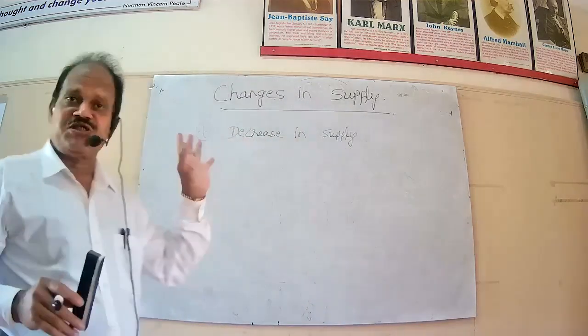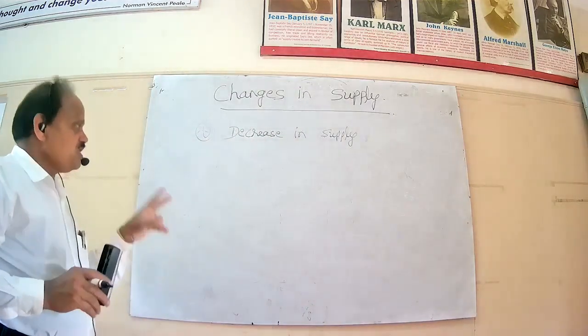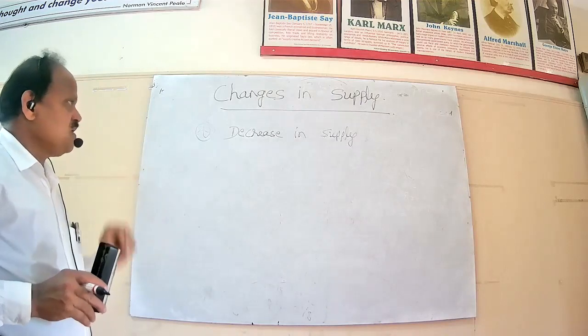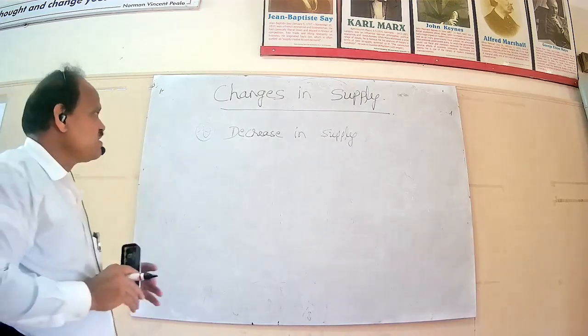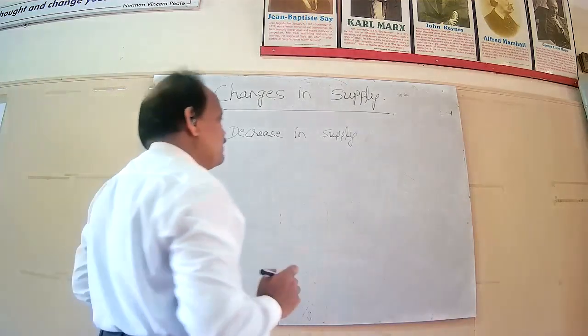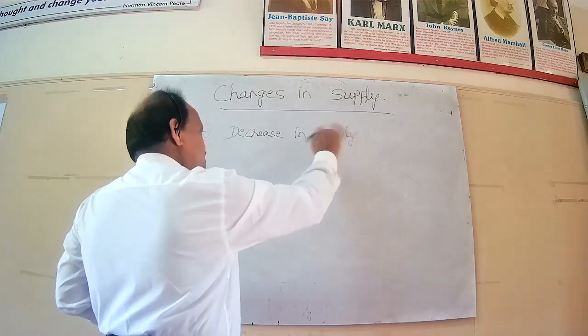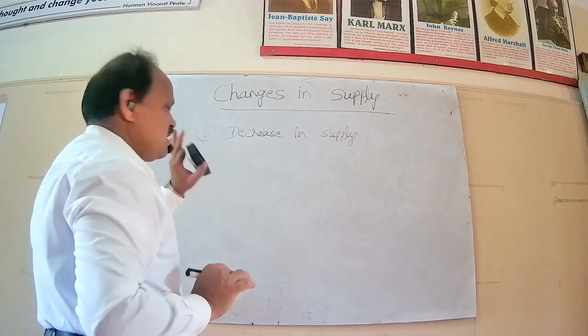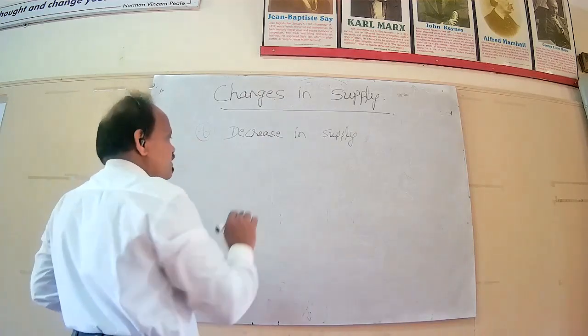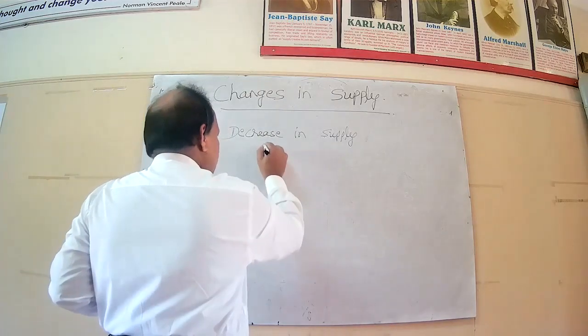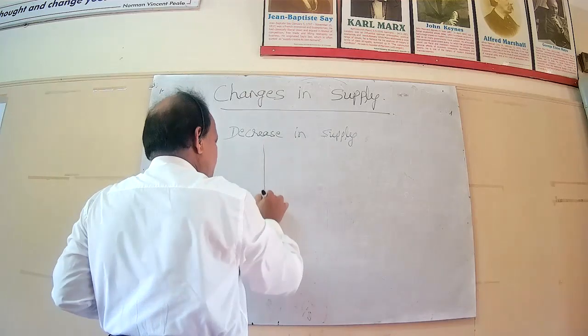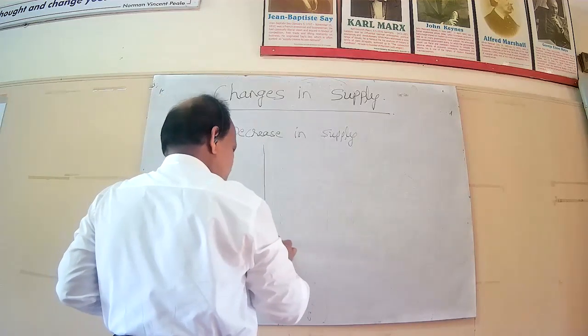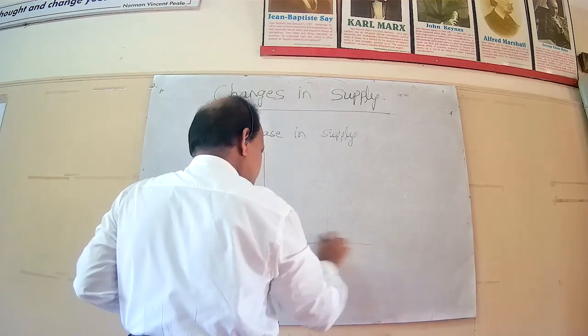What do you mean by decrease in supply? If less quantity is supplied at the same price due to the changes in the factors other than price. So other factors can influence the supply here, but supply decreases at the same price. Now here also, the seller can't remain on the same supply curve, but there will be a leftward shift in the supply curve.